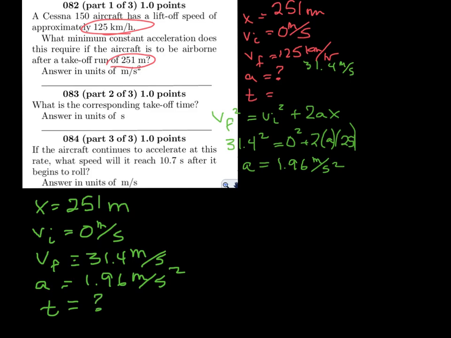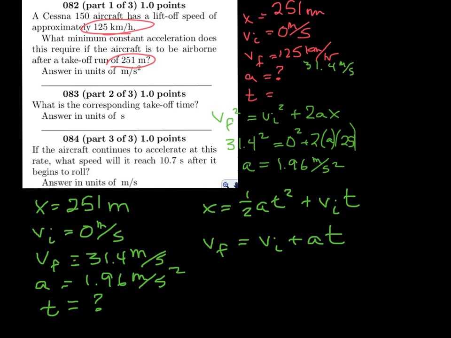At this point, we have two equations we could use. You could use x equals 1/2 at squared plus v initial t, or you could use v final equals v initial plus at. Either one works.